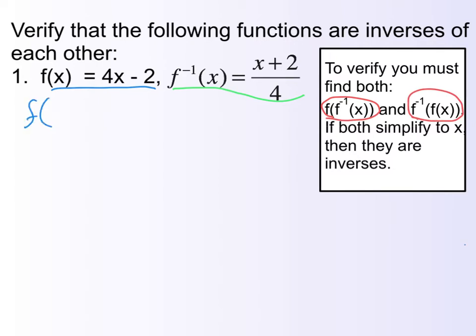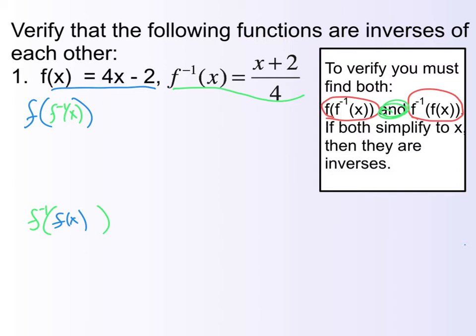So I have to do f of f inverse of x, and I have to find that. And I need to do f inverse of f of x. Okay, I have to do both compositions of functions.